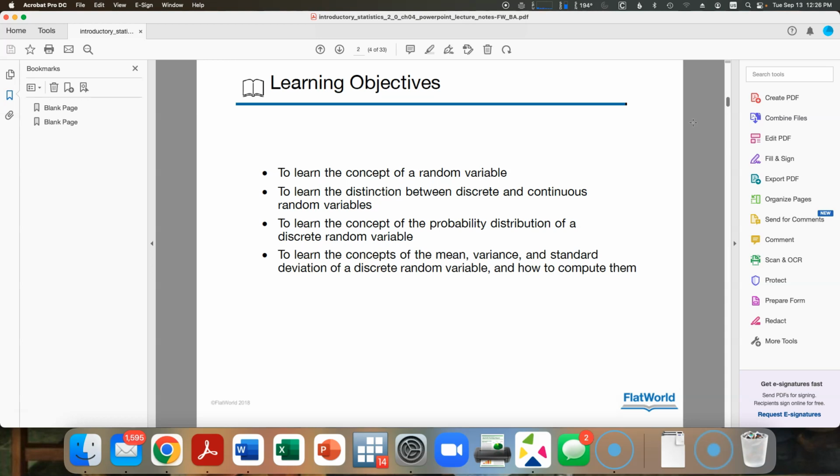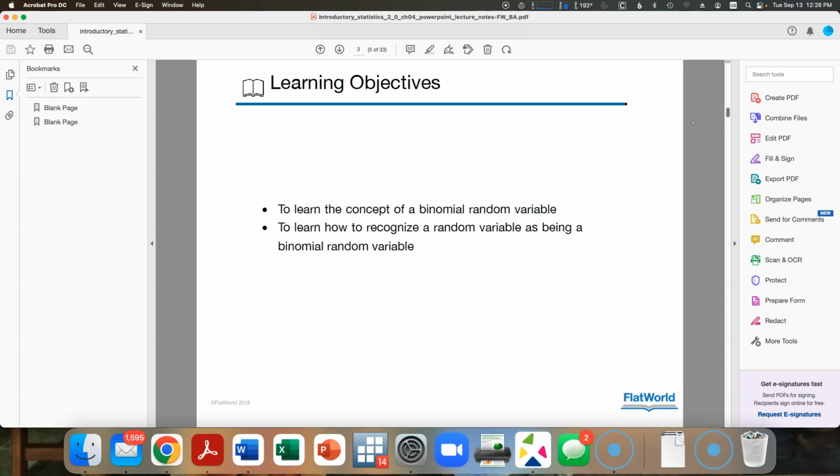Then what's important for us is to understand the probability distribution of each of those possible outcomes, those discrete random variables. And then we're going to take what we learned previously about the mean, the variance, and the standard deviation, and learn how to compute those for these discrete random variables.